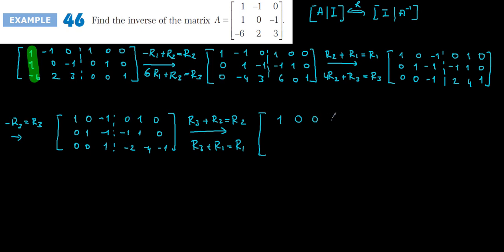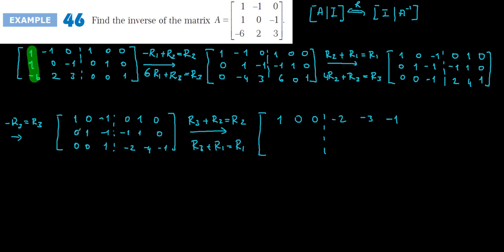Minus 2 plus 0 is equal to minus 2. Minus 4 plus 1 is equal to minus 3. Minus 1 plus 0 is equal to minus 1. So now R3 plus R1 is new R1, I said, and R3 plus R2 new R2.